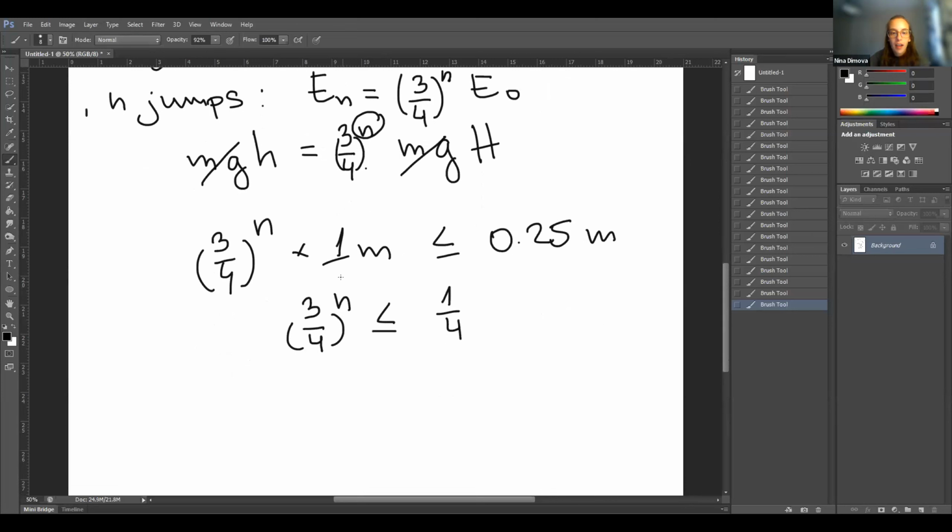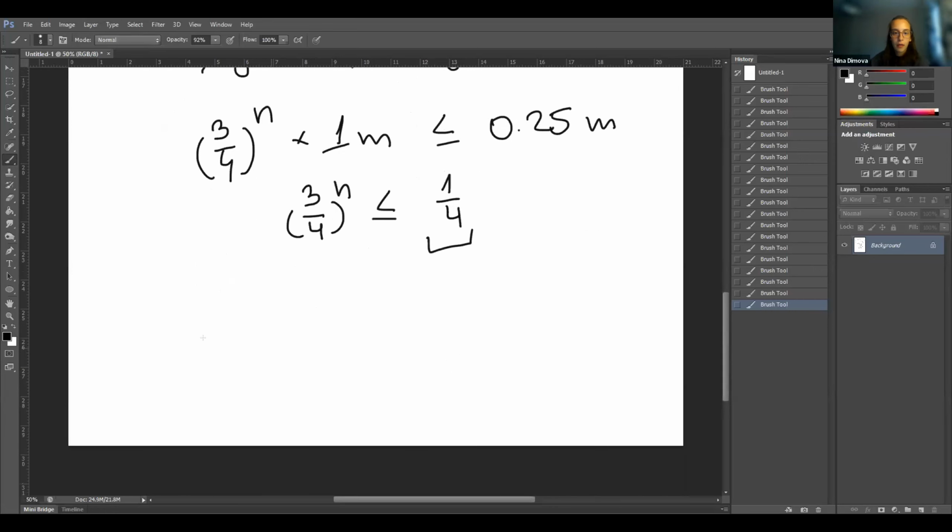Okay, so again, we're after this n, so the logical thing to do is take a log of both sides. Here, the important thing is that we're taking a log of a fraction, so something smaller than 1. And if you remember the log function, so if this is our variable x, and this is a natural log of x, it has this shape.